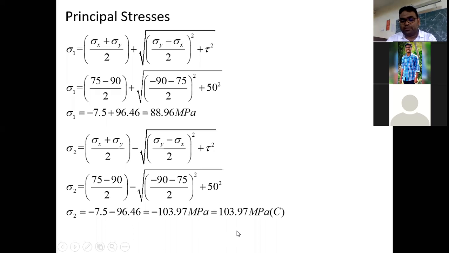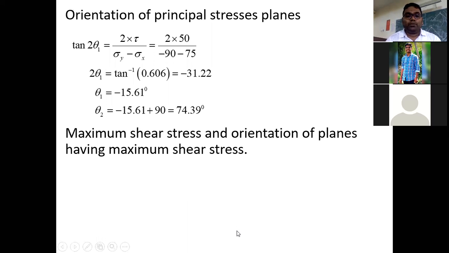So next, the orientation of principal stress. आपको फॉर्मूला पता है क्या है? tan 2 theta 1 is equal to 2 tau upon sigma y minus sigma x. Put all the relative values. जैसे आपने सारी वैल्यू पुट करी, क्या रखा आपने यहाँ? tau is 50 was given, दिया था ना 50 was given.